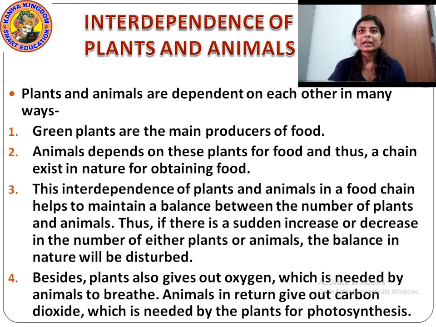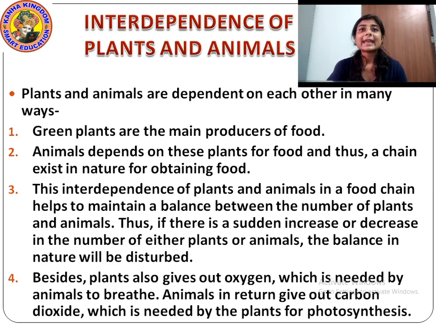Green plants are the main producers of food, because only green plants can prepare their own food. Green plants provide food for different parts of the plant and for living organisms also.